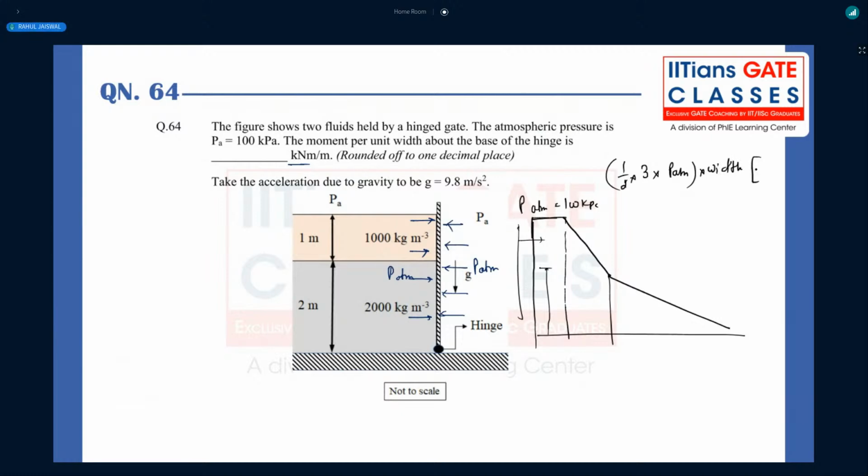Once again, this will be acting exactly at 1.5. If you add this to the 57 point something, this value 166, that will be completely wrong, because atmospheric pressure is not acting only from one side, it will be acting here also, because this plate is not placed in a condition where atmospheric pressure acts from one side only. How is it possible practically, right?